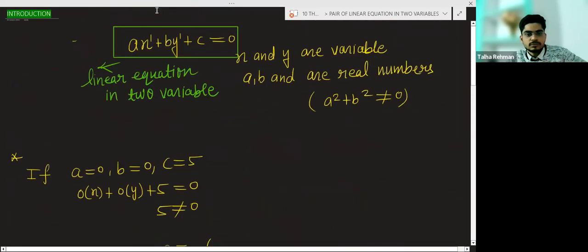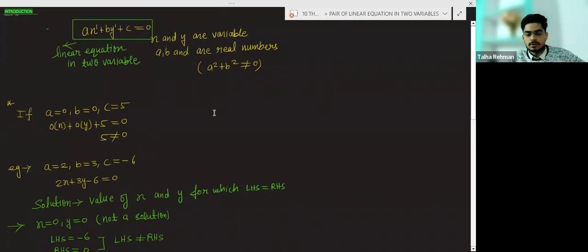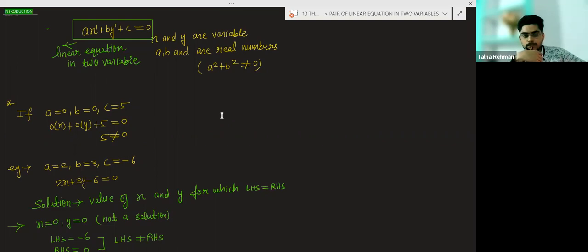So now please note down. This is chapter number 3, pair of linear equations in two variables.